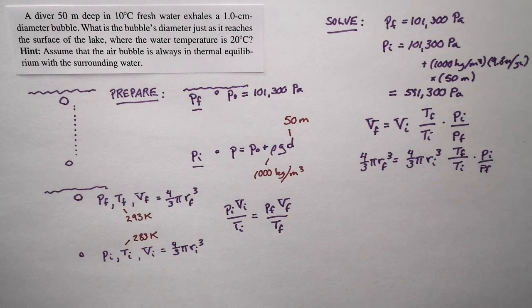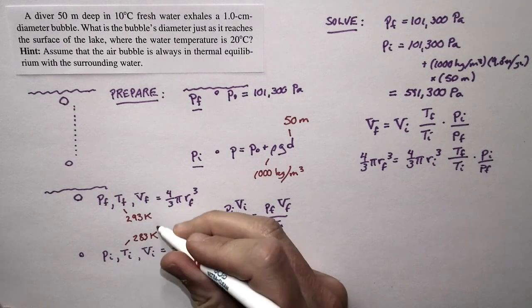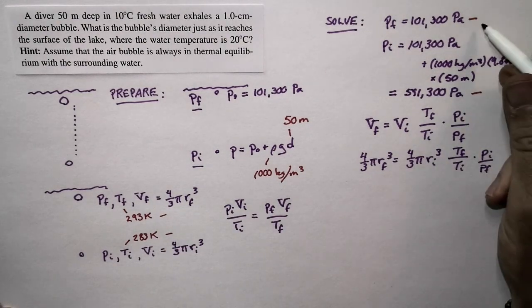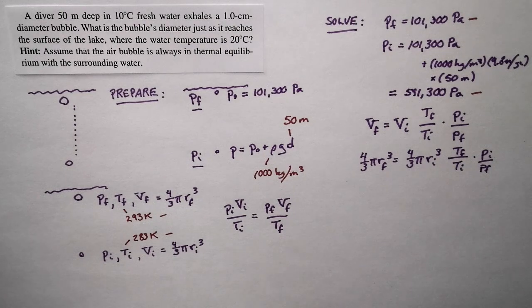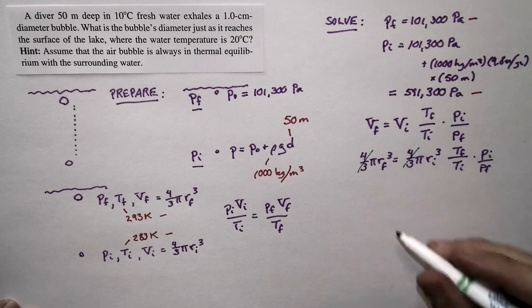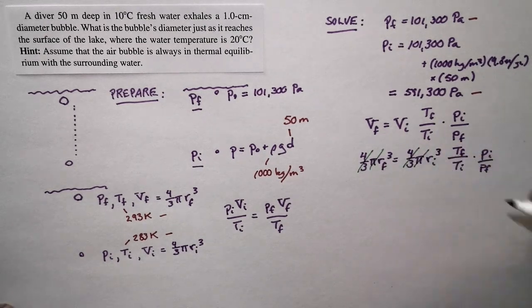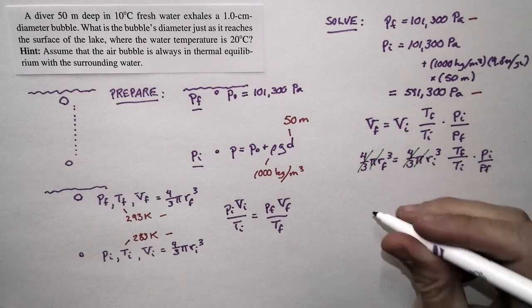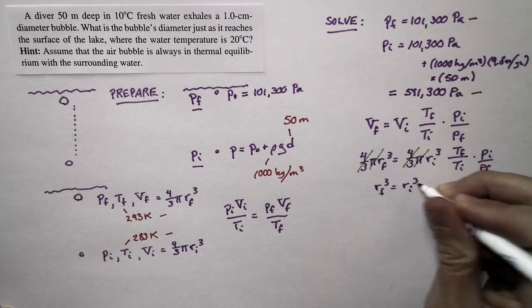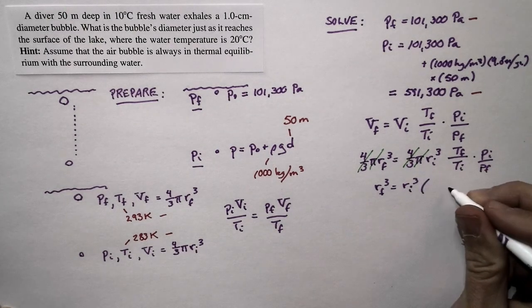We have calculated all of those numbers. Here are our temperature numbers, and here are our pressure numbers. So we can take these numbers and put them in here. But before I do that, I can do some canceling, because notice this: the 4/3 appears on both sides of the equation. Pi appears on both sides of the equation. And so I can just compute Rf cubed is equal to Ri cubed times these two fractions.